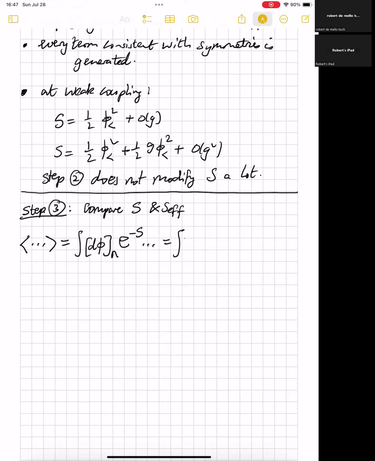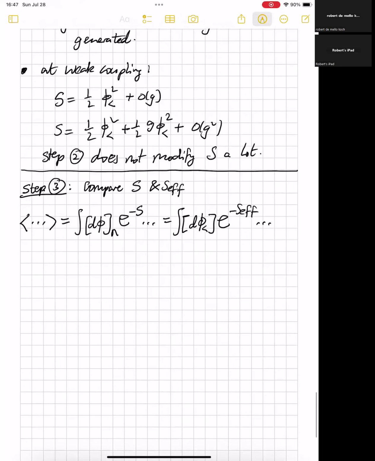And this is also equal to the integral over d phi less than e to the minus S effective, with the fields of the correlator again appearing in the integrand. So this really means we are comparing integrands, okay? So we're comparing integrands.